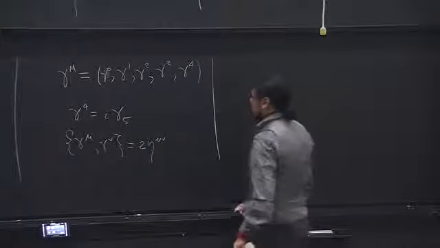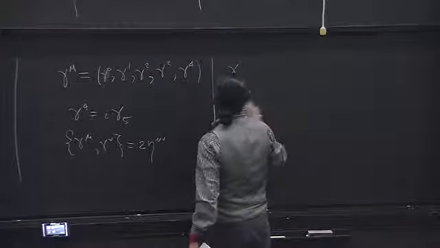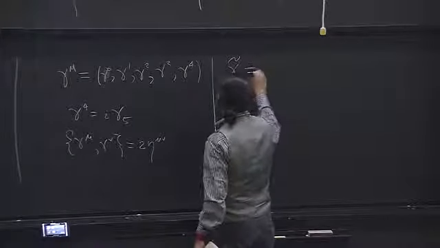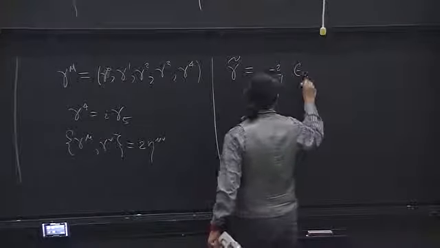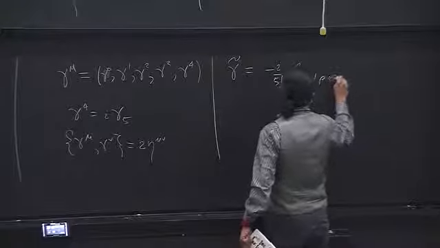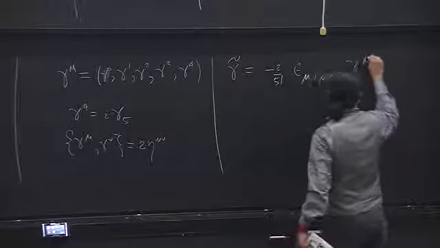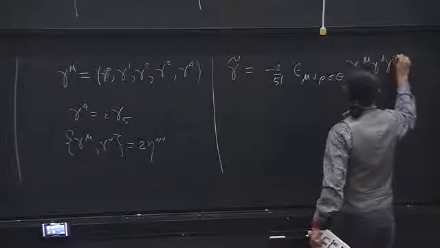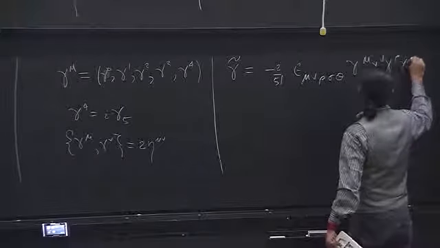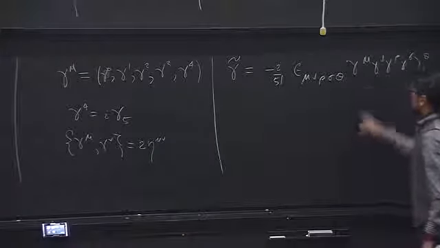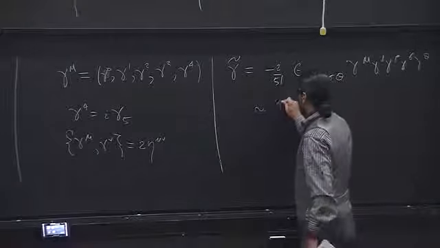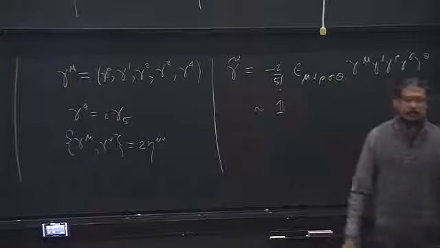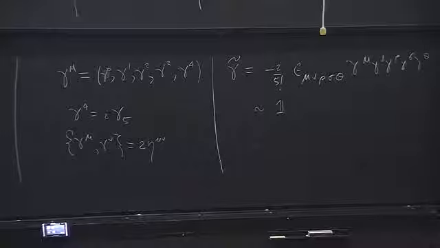And now you can say, okay, can I define a new gamma, say call it gamma tilde, which would be this thing. So if you work this out, you will see that up to some plus minus or i, it's the identity matrix.